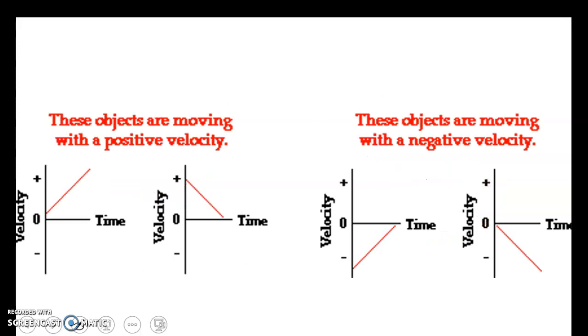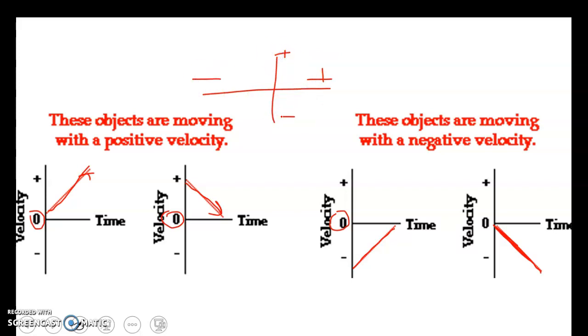Now looking at these two lines, they're both above the 0, okay? Which means they are traveling with a positive velocity. All right? These objects down here, because they're below 0, are moving with a negative velocity. Now what does that mean? Again, positives right, negatives left, or positives up, negatives down.